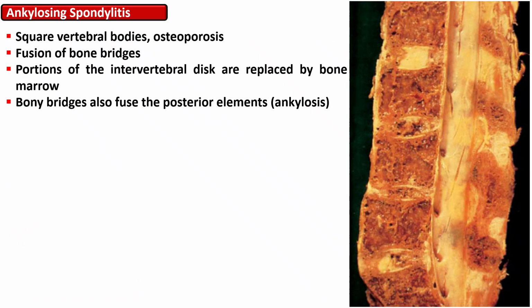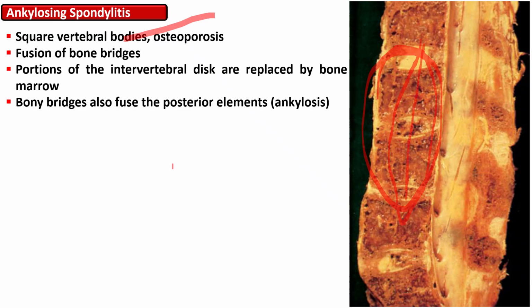Ankylosing spondylitis symmetrically affects the sacroiliac joints and then involves smaller joints of the posterior element of the spine. Due to the resultant destruction, the spine fuses posteriorly, then vertebral bodies become square, as shown in this picture. The vertebral column is cut vertically to show the square-shaped vertebral bodies and fusion by bone bridges.